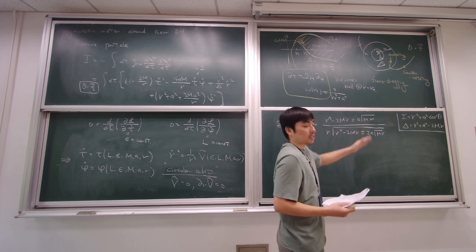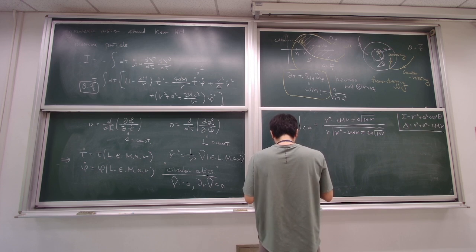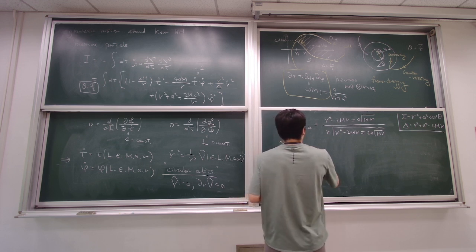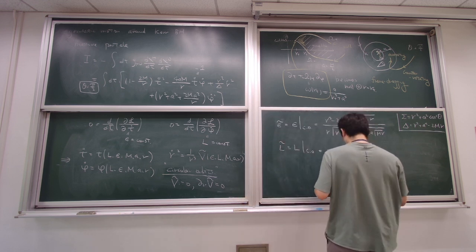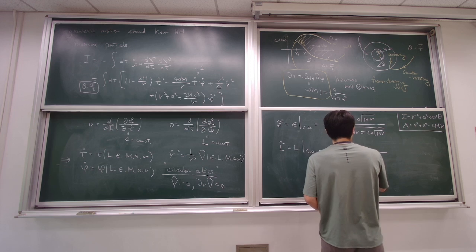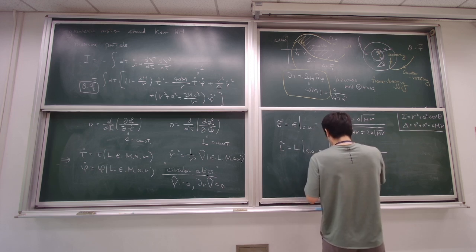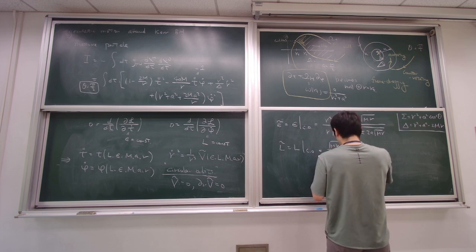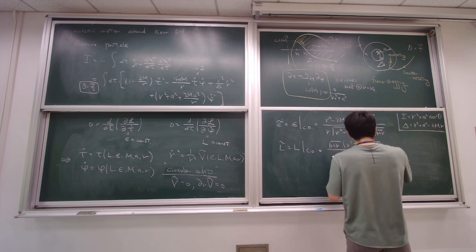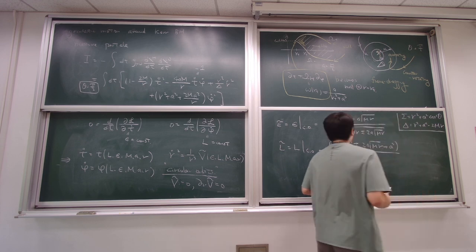So the plus minus is co-rotating or counter-rotating, and for L tilde of the circular orbit, the denominator is the same. I'm not going to write it down: it's the square root of mr, and r squared plus minus 2a square root of mr plus a squared.